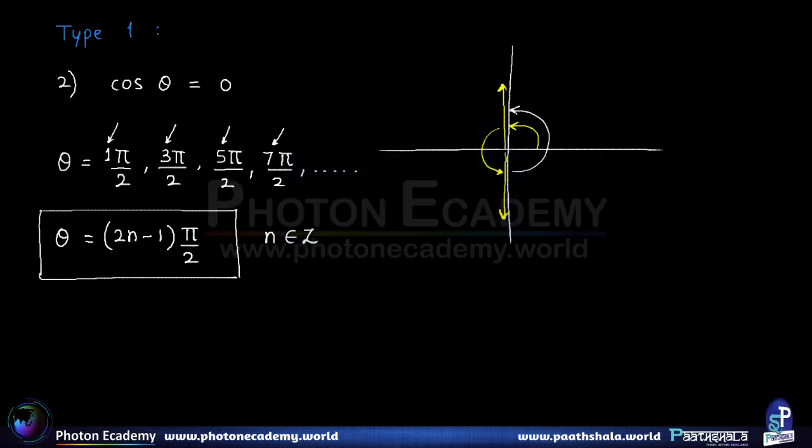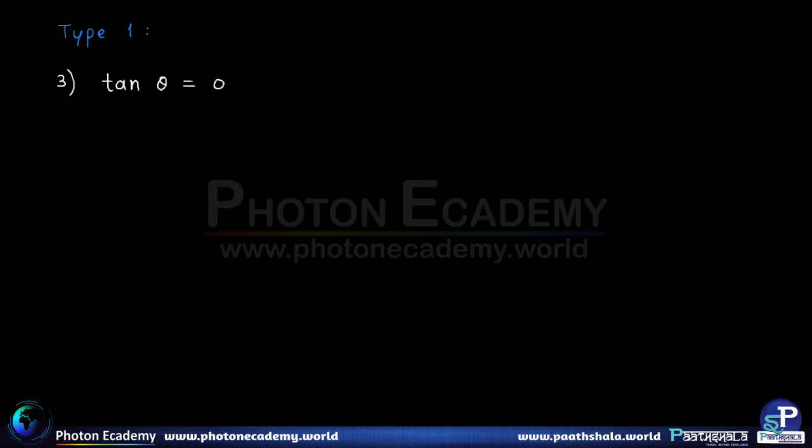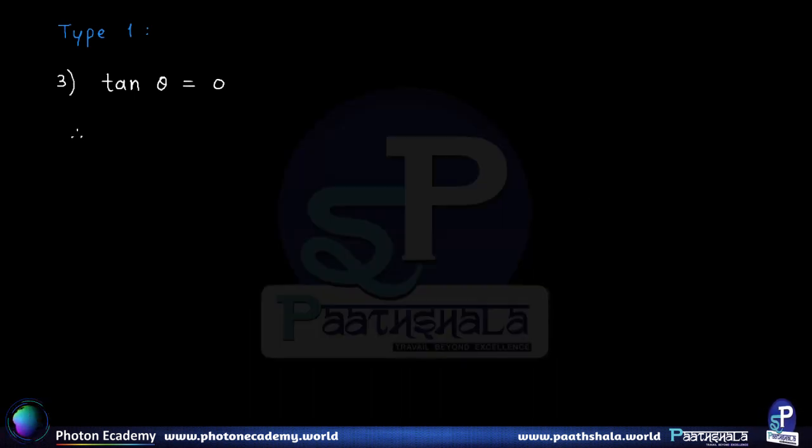Let's move on to the last equation in the first type, that is tan theta equal to 0. Here tan theta can be written as sin theta upon cos theta equal to 0. This implies that the numerator, sin theta, has to be 0. Only then will we get tan theta as 0.